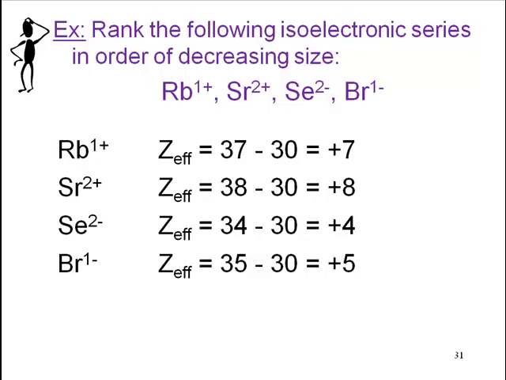Protons. Protons are changing, the shielding is not changing. So when these become ions, the shielding is all the same, because that's what krypton would normally feel, the 30 shielded electrons. Now that we have these values here, we have to rank them in order of decreasing size. So does the largest one go first or the smallest?